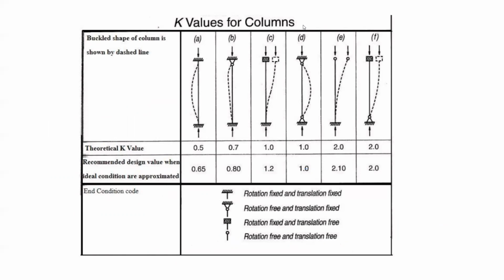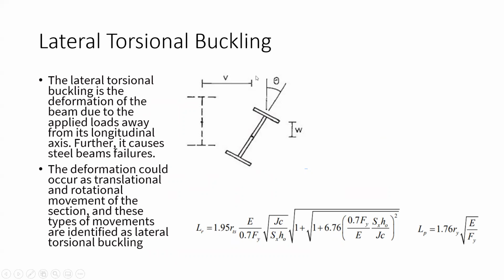So kung lumipat siya, ayan. So kung nag-buckle siya dyan, lumipat siya dyan, nag-buckle siya dito, nag-translate siya doon, those are our deformations. And for every deformation, nagkakaroon tayo ng lateral torsion or buckling.